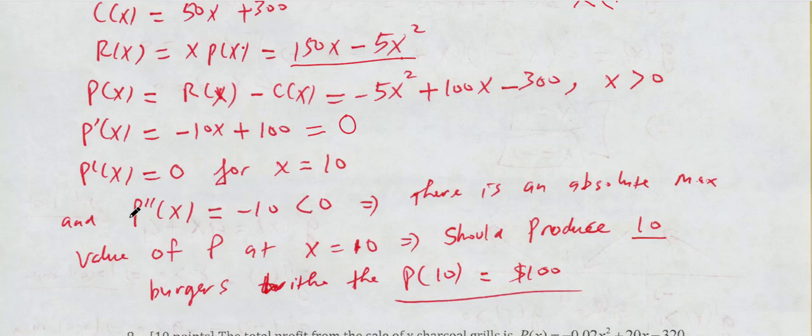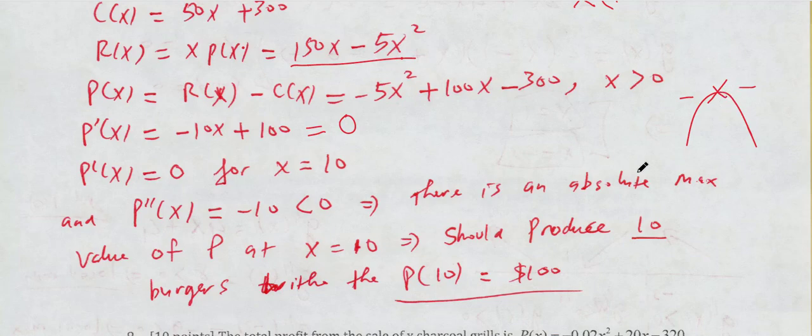So notice here, the second derivative is always less than 0 because it's minus 10. So there is an absolute max value of P at x equals 10. The second derivative is always less than 0 no matter what the value of x is. Less than 0 is negative, and negative for the second derivative means concave down, so it should give me the local max.